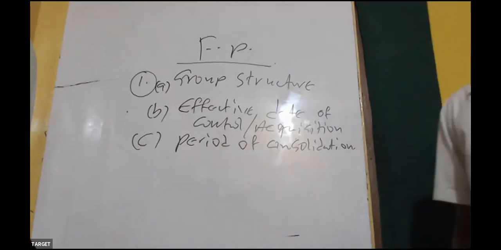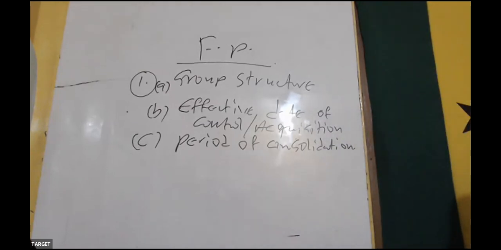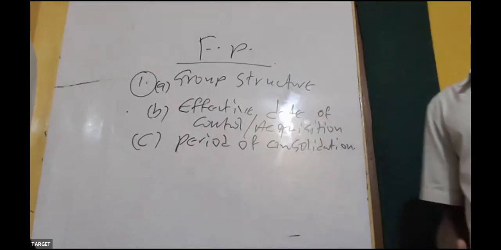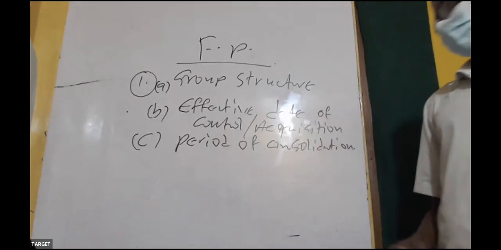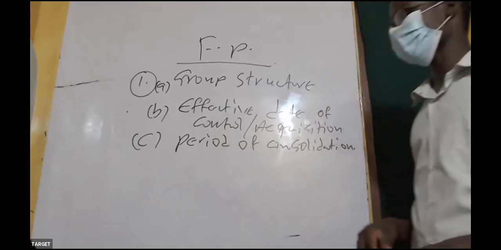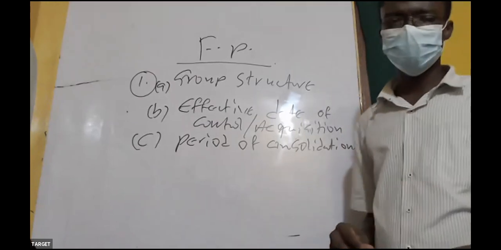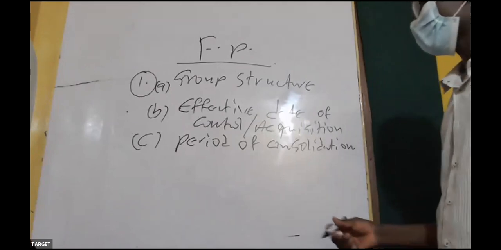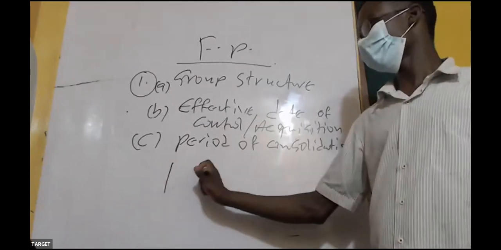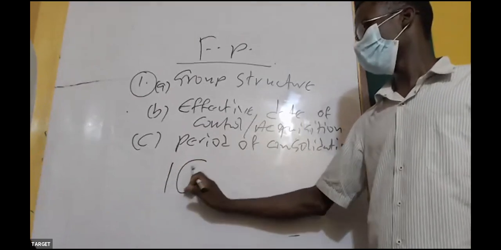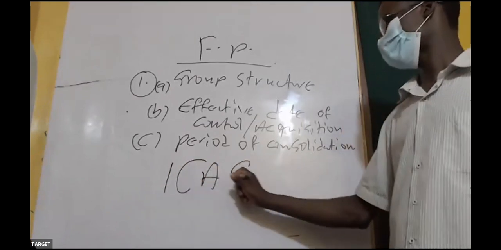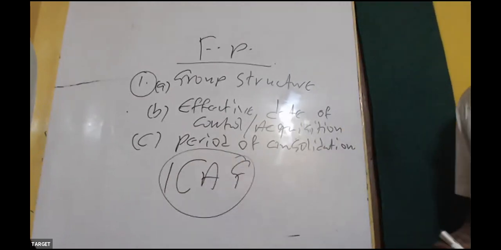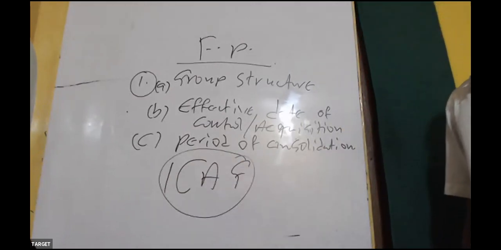And then I'm going to workings number 2. However, there are diverse methods with the workings. These workings have adopted one of the professional bodies, that is the Institute of Chartered Accountants, Ghana, approach.